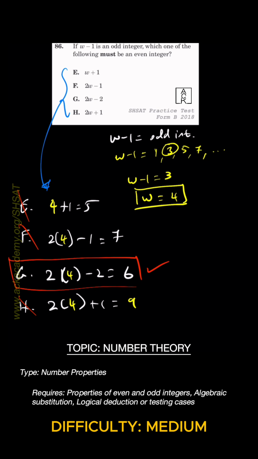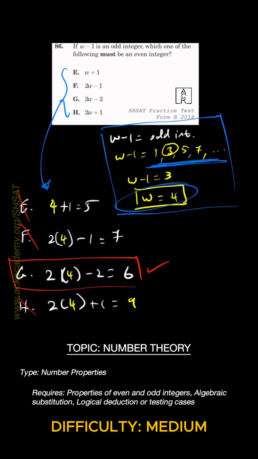Okay, so the only one that must be even, again, the case is that this expression right here is an odd integer. That means any of these odd integers, and then we solve for what that odd integer is for w, and then we plug that value in for each of them.